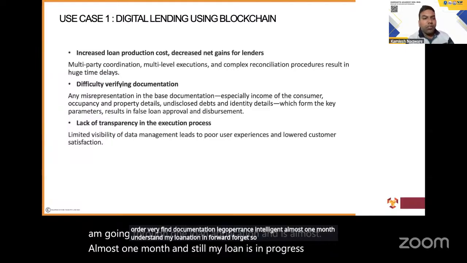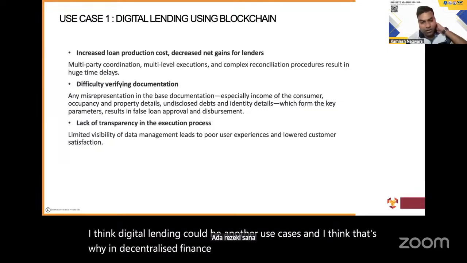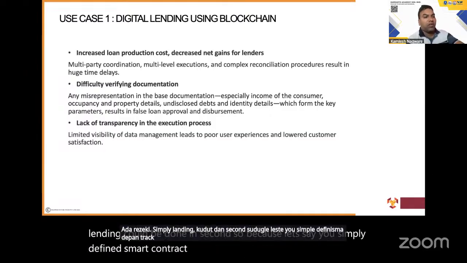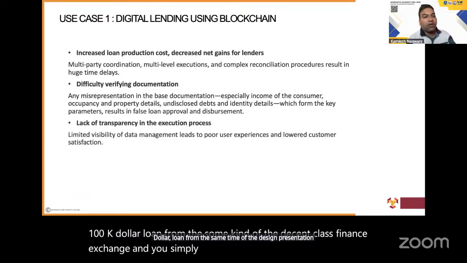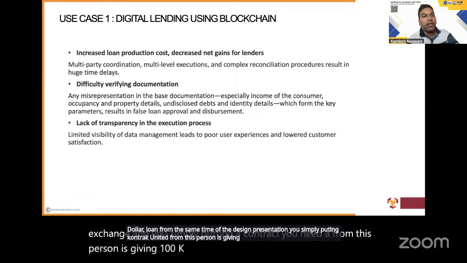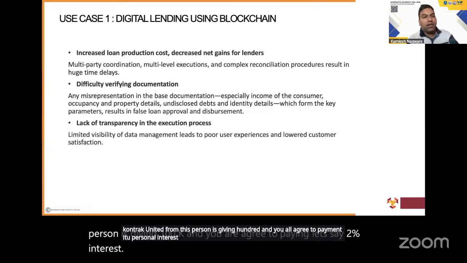So I think digital lending could be another use case, and that's why in decentralized finance applications, lending could be done in seconds. Let's say you simply define a smart contract: you are taking a 100K dollar loan from some decentralized finance exchange, and you put in a contract that this person is giving 100K and you agree to pay, let's say, 2% interest, with no manual intervention.